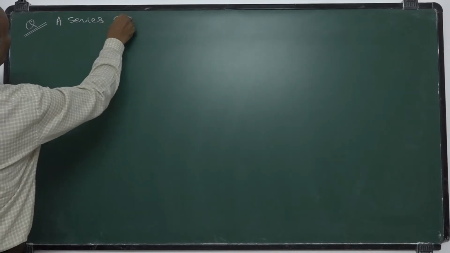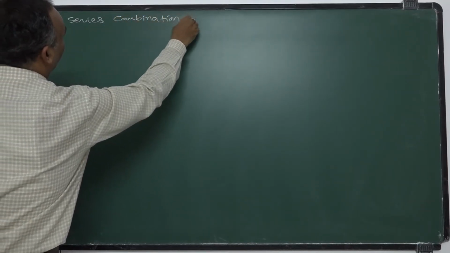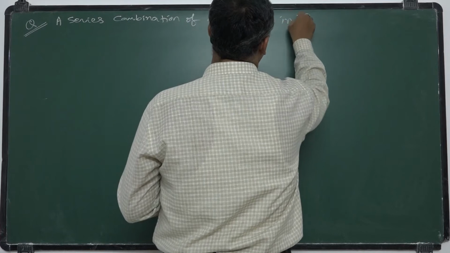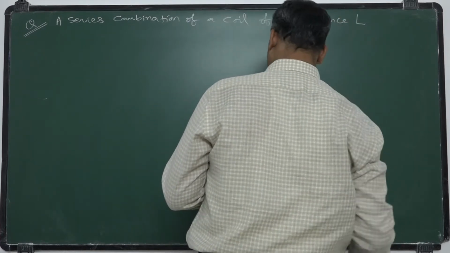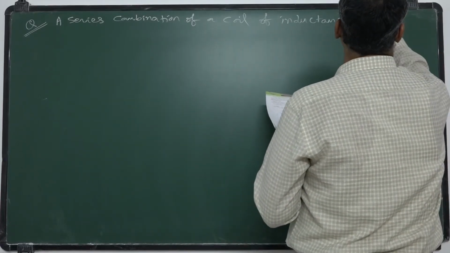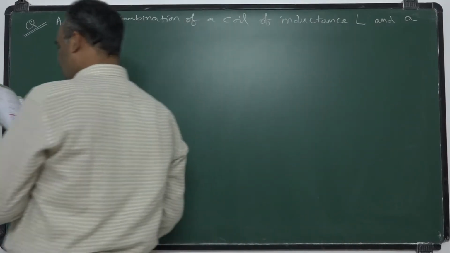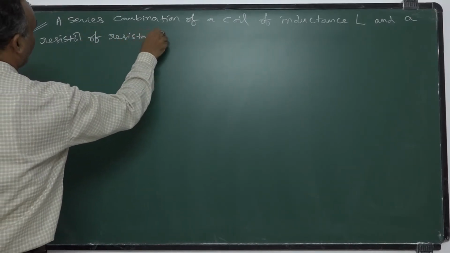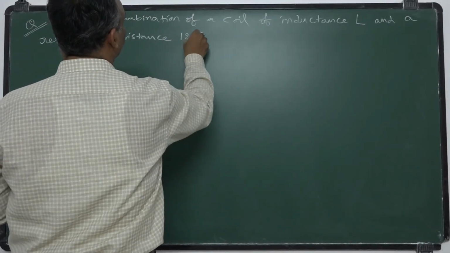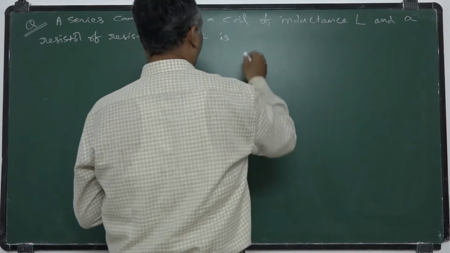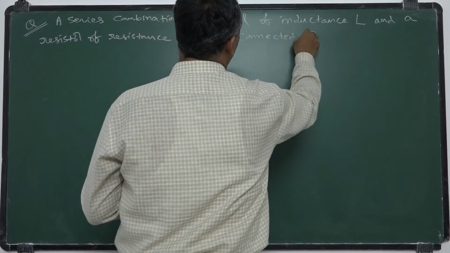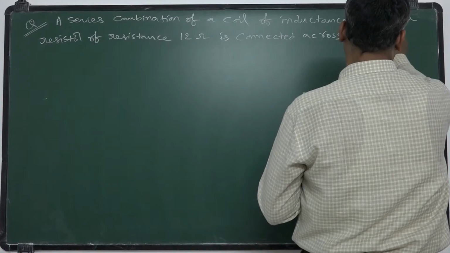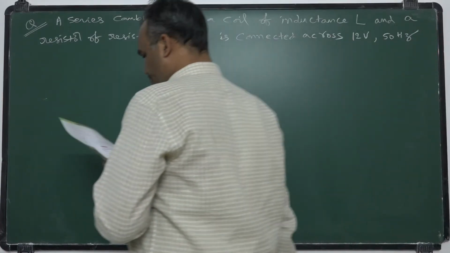A series combination of a coil of inductance L and a resistor of resistance 12 ohms is connected across a 12 volts, 50 Hz supply.